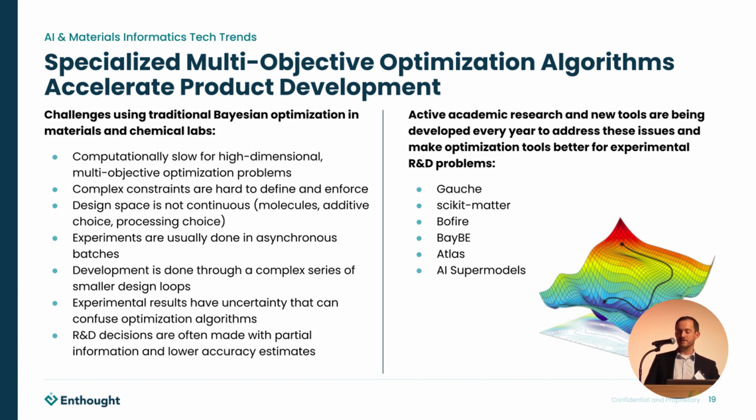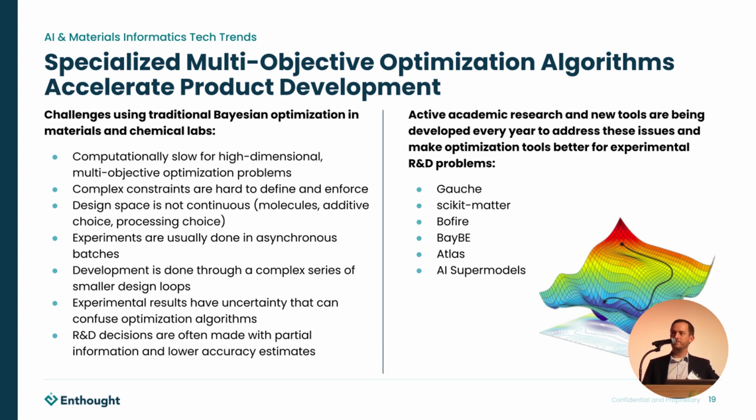Historically, there have been challenges in making algorithms fast enough for high-dimensional optimization problems, and it can be hard to define and enforce the complex constraints due to chemistry rules, process restrictions, and IP requirements. Materials optimization problems also have dimensions that are non-continuous, such as chemical structure. Experiments are also often done asynchronously and in batches, not one at a time.